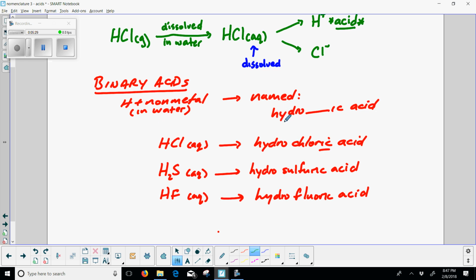And the way we name them is hydro-"ic" acid. So for example, hydrogen chloride in water is hydrochloric acid. Hydrogen sulfide, hydrosulfuric acid. And hydrogen fluoride would be hydrofluoric acid.